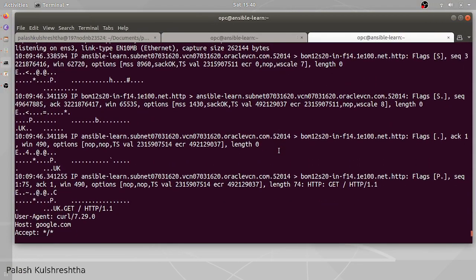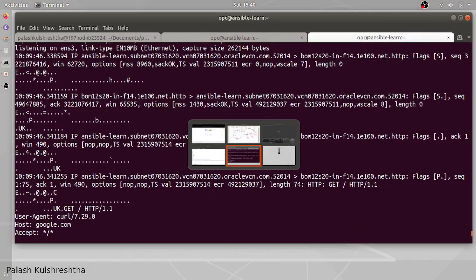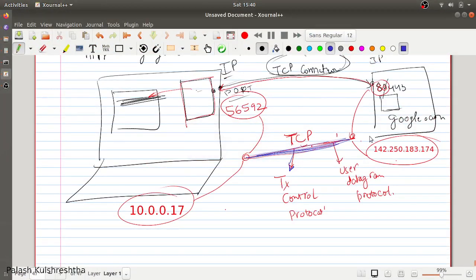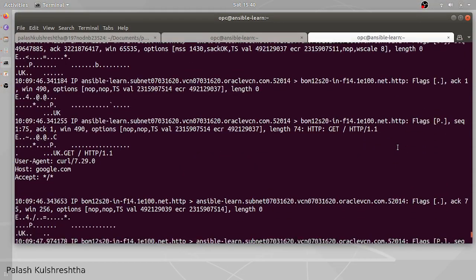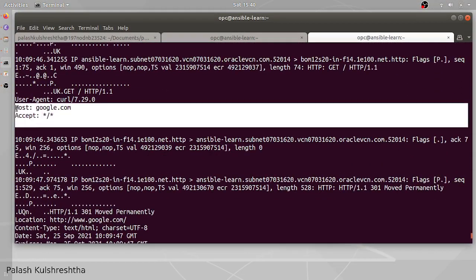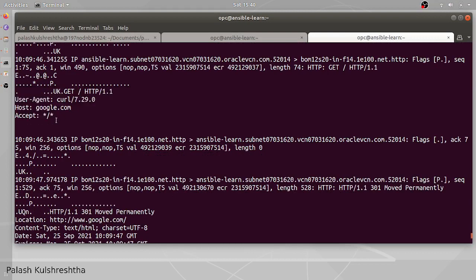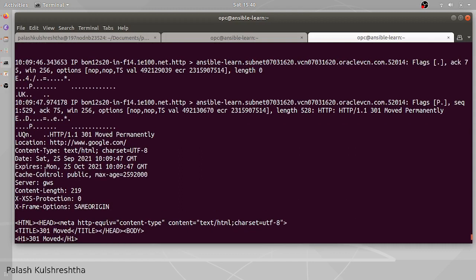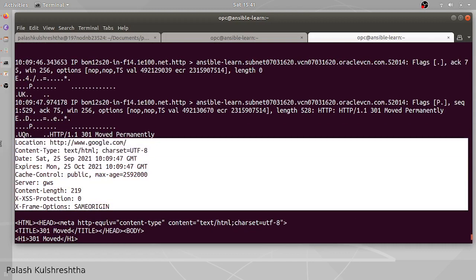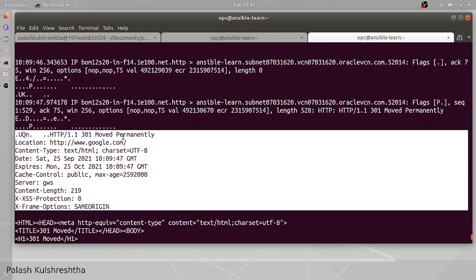Let's find out what information is being sent. There is obviously some connection setup happening between your system and google.com's IPs. Now let's see what is happening. Here you can see there is a GET request on /, and what is its response? This is the response of that HTTP request.